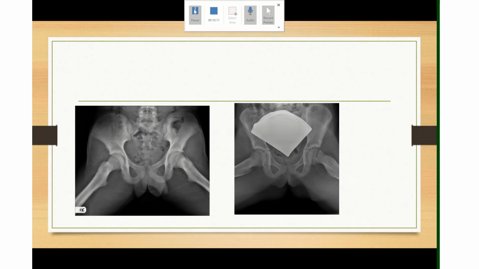In the earliest stage, sometimes there can be an irregularity of the growth plate here, or sometimes the widening of the growth plate can be seen. The metaphysis can appear less dense or demineralized, and all these changes are later followed by the acute slip, which is posteromedial displacement, as we discussed before.